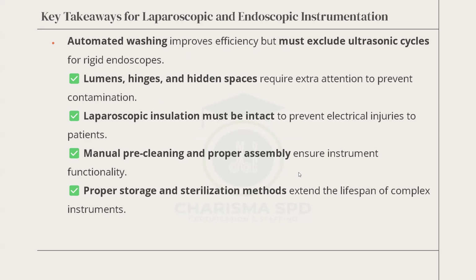All right, these are the takeaways. Automated washing improves efficiency, but must exclude ultrasonic cycles for rigid endoscopes. Yes, we mentioned that because the lens will break. Lumens, hinges, and hidden spaces require extra attention to prevent contamination. Laparoscopic instruments must be intact to prevent electrical injuries to patients and surgeons.